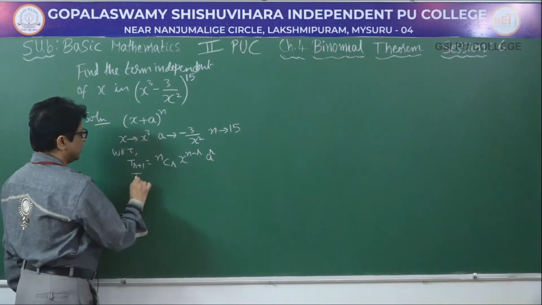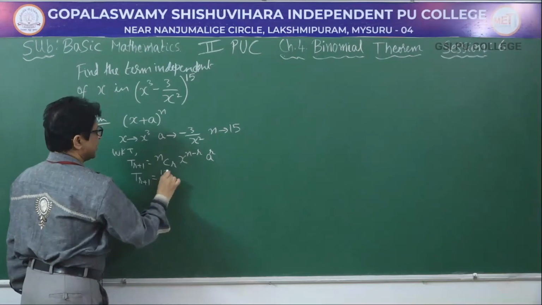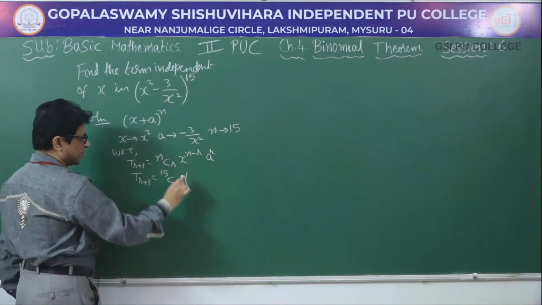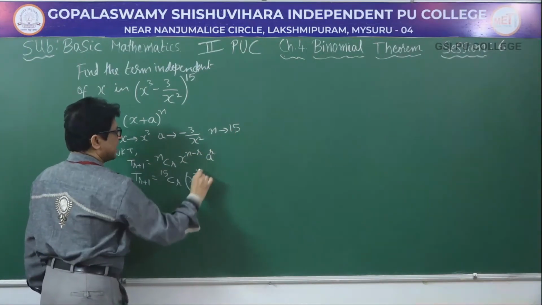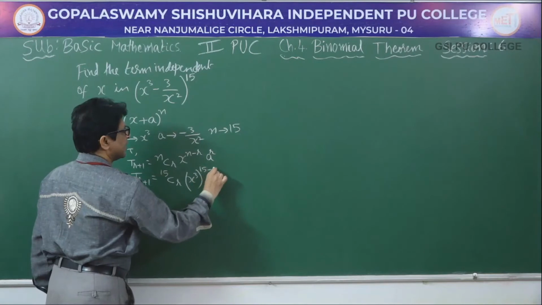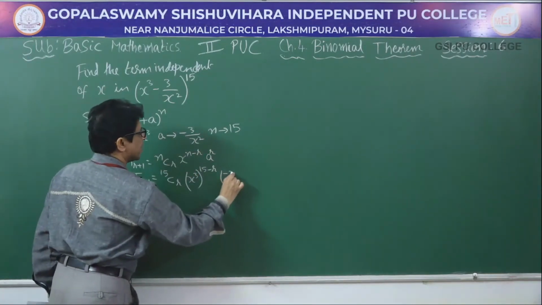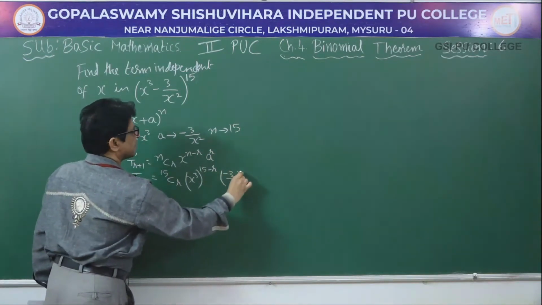So, substituting x, a and n in the T(r+1) term, that is the general term, we have T(r+1) is equal to 15Cr into x cube whole power 15 minus r into minus 3 by x square whole power r.